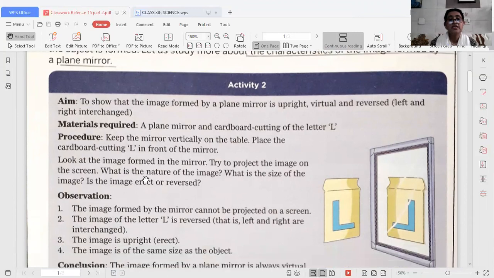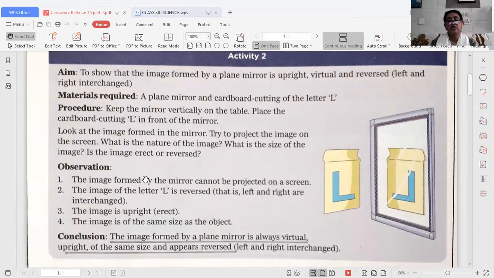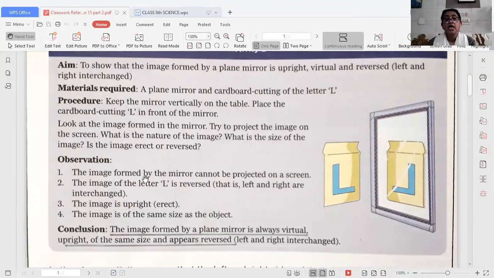For this, we can go for a simple activity. As you can see on the screen, to show that the image formed by a plane mirror is upright, virtual, and left and right interchanged, we need a mirror and a cutting of the letter L. Now, when we keep a mirror vertically on the table and place a cardboard cutting of L in front of the mirror, you can see how it is looking.